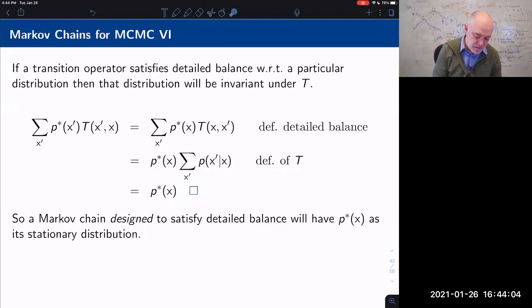And that's just P star of x, which means that if you have a transition operator that satisfies detailed balance, then P star will be the invariant distribution. So a Markov chain designed to satisfy detailed balance will have P star as its stationary distribution. Fine, cool.